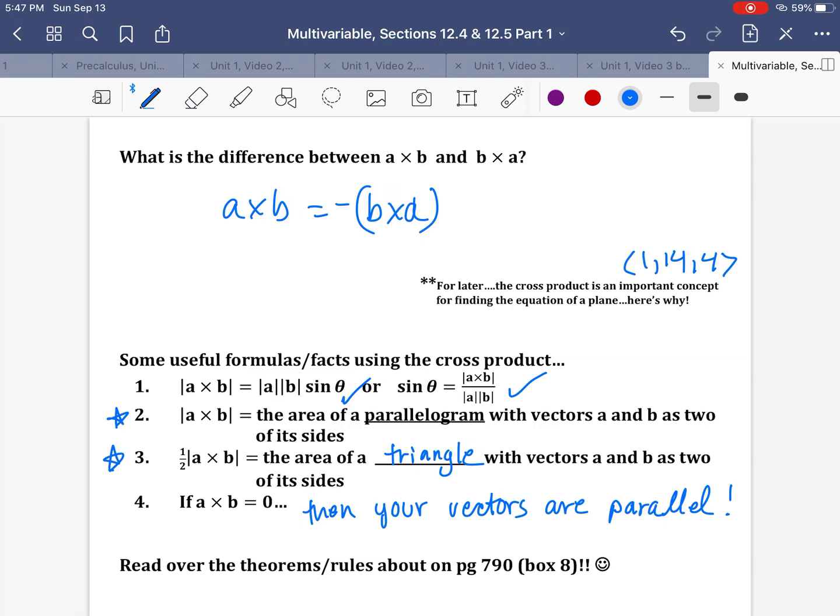All right, so that's another way to prove things are parallel if you like. The easiest way is just that they're scalar multiples of each other. So make sure you look up on this page in your online book, and it says a little 8 in that little theorem box. Those are just some rules and theorems about cross products. They're not that big a deal, but there are things to watch out for.